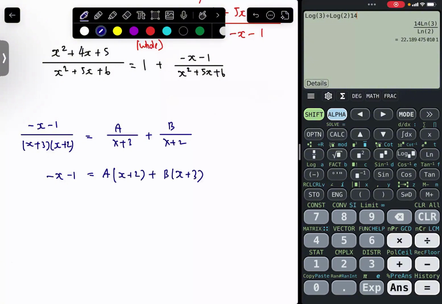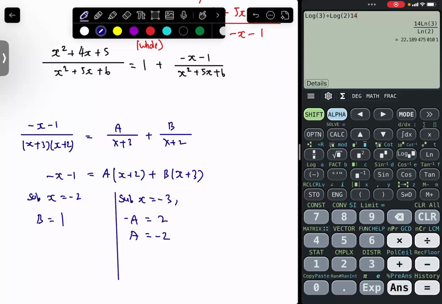Cross multiply. So sub x equals negative 2, we'll have b equals 1. Sub x equals negative 3, we'll have negative a equals 2, so a equals negative 2.